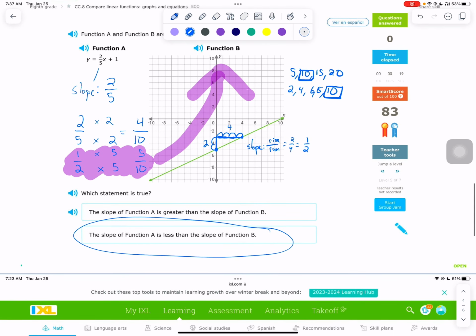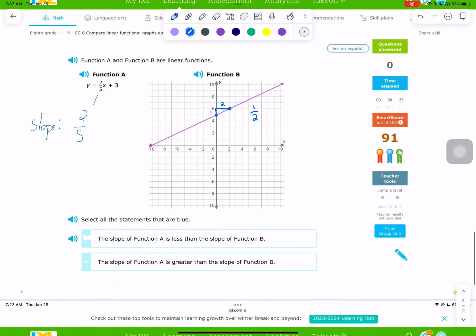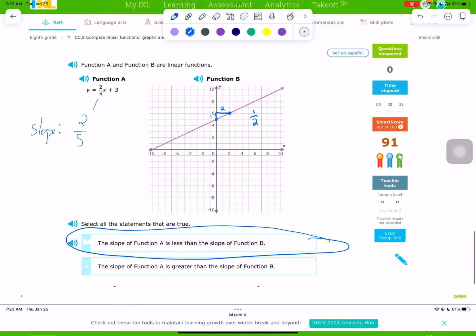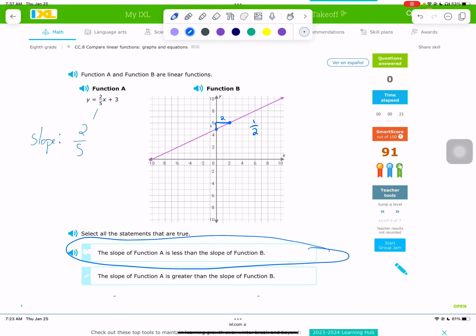So now we should know that 1/2 is greater than 2/5, which makes this easier to know that the slope of function A is less than the slope of function B. And that is how we are able to compare linear functions. We can compare what their slopes are, we can compare what their y-intercepts are, and we can compare what their y values are when x is a given number.